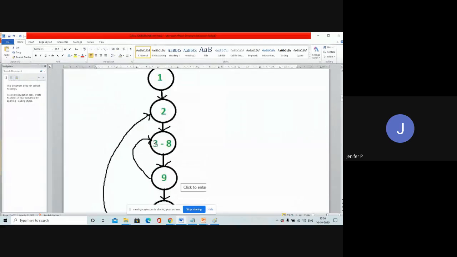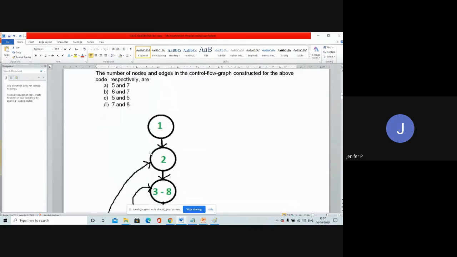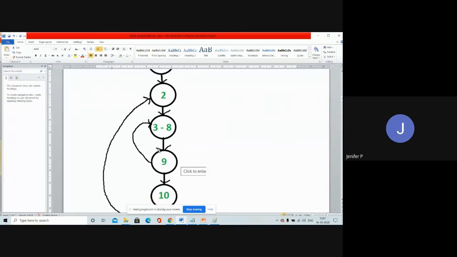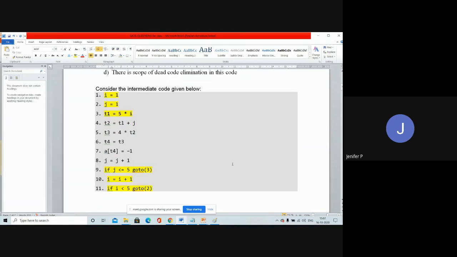Now we just have to count. How many are there? 1 2 3 4 5 and 6 nodes are there. We have only one option with 6 nodes, so counting the edges, 1 2 3 4 5 6 and 7. So your answer is 6 and 7. In this way you have to construct the control flow graph.